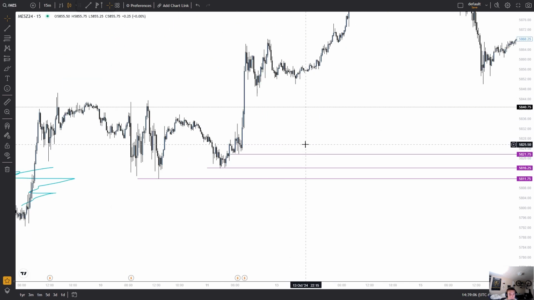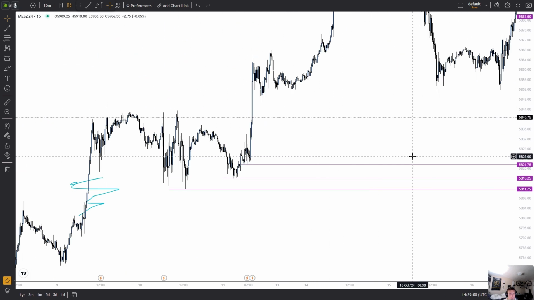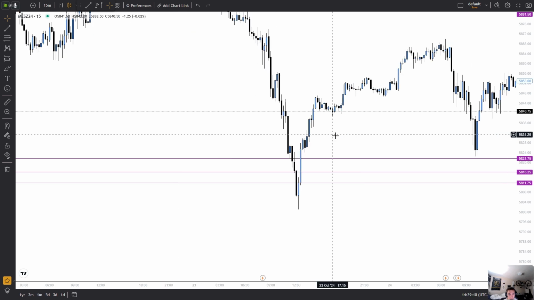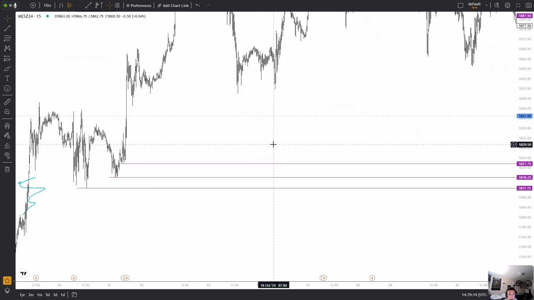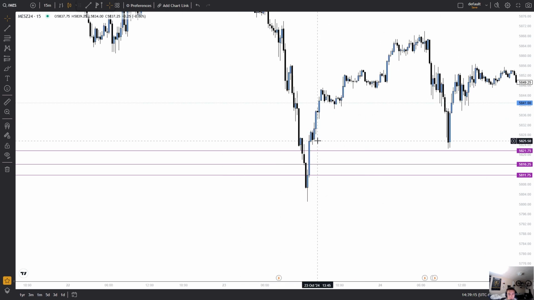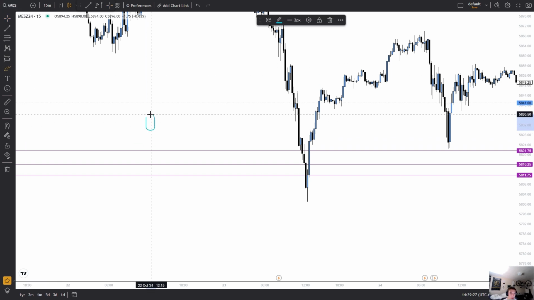So I want to talk about order blocks, and why those are such a nice confluence to have. Order blocks are the leg down or the series of black candles down before we get a break of structure to the upside. If you remember, this candle is blue, it's an up candle.